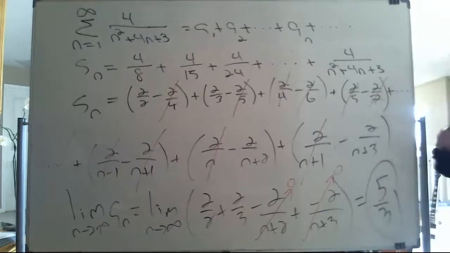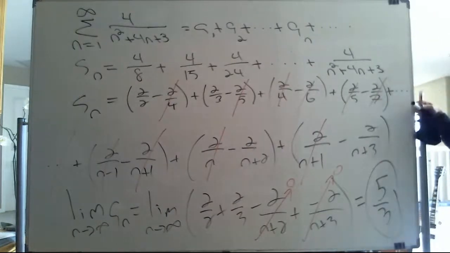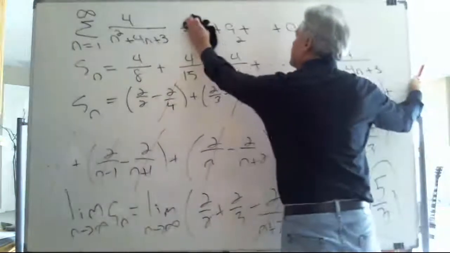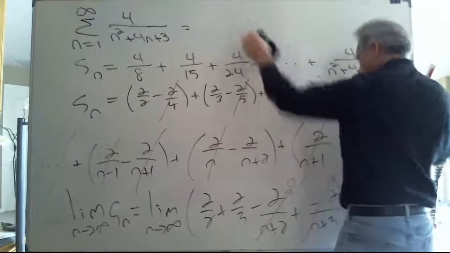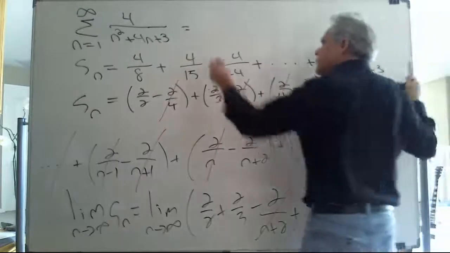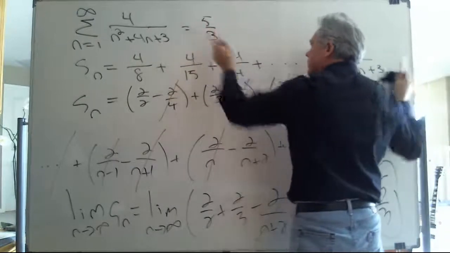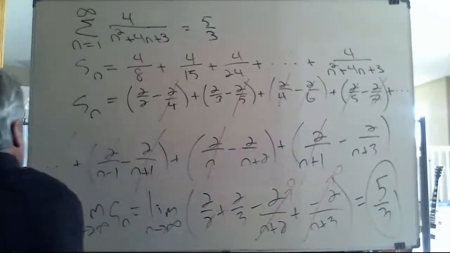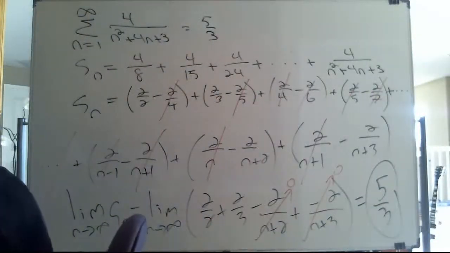Since that's the limit of the nth term of the sequence of partial sums, it literally means the infinite number of terms in my infinite series add up to simply a positive 5/3. So yes, indeed, this series does converge. And in particular, it converges to that 5/3.